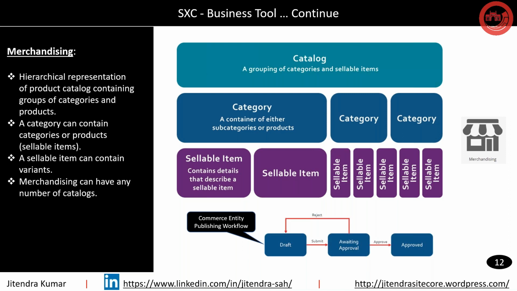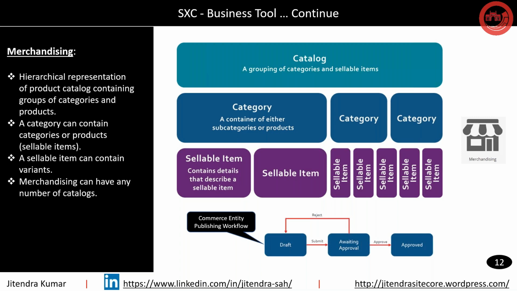One website, or one storefront, can be associated with one catalog at a time, but in the business tools you can create any number of catalogs. Suppose you have an e-commerce website running in multiple countries. Some products might not be sold in one country but might be sold in another, maybe because of company policy or country-specific product combinations.